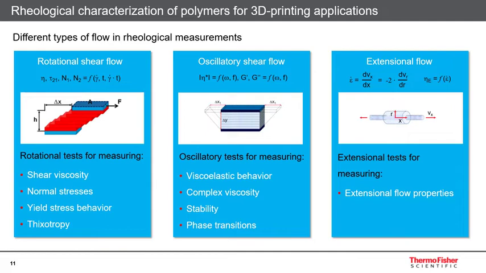Testing the extensional properties of a polymer is something that is not performed so frequently and is also limited to testing polymer films when using a rotational rheometer. However, the extensional properties are important for many technical applications, and one example from the field of polymers is, for example, film blowing. But in this presentation we will focus mainly on the conventional oscillatory testing method.